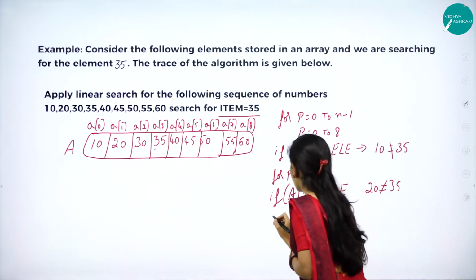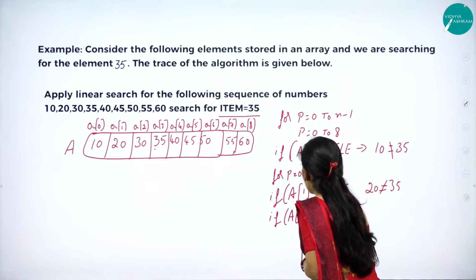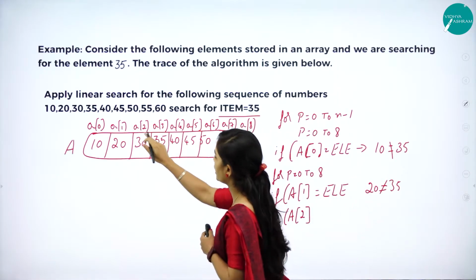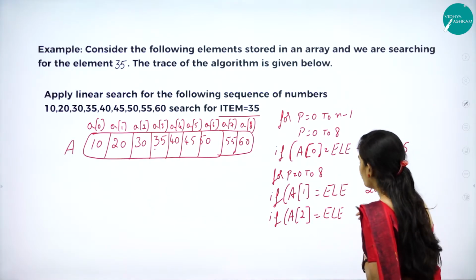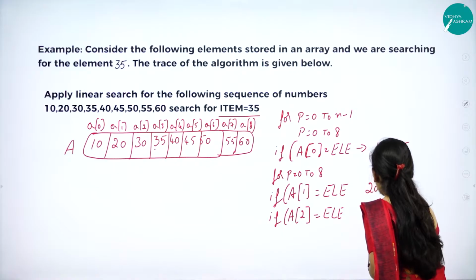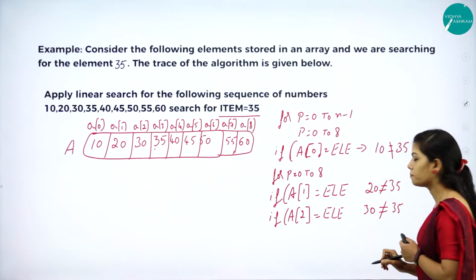So again we go to the next loop, A of 2. The next location is A of 2, that is equal to the element. A of 2 means this 30. Does 30 equal 35? Does it match? No, it does not match.